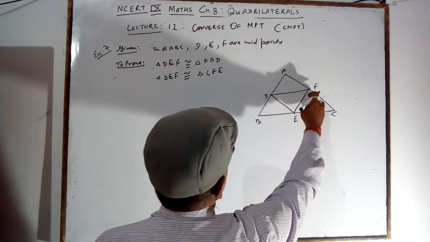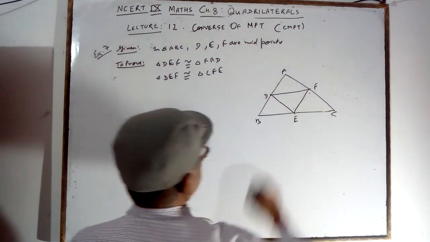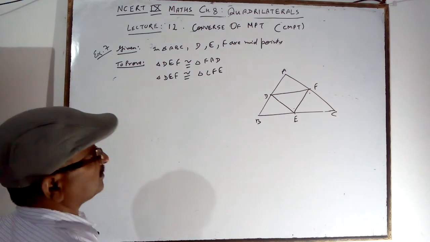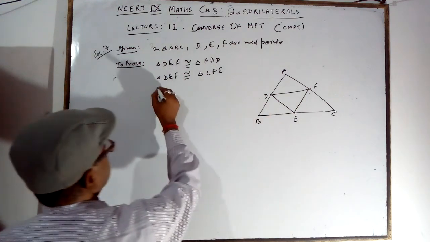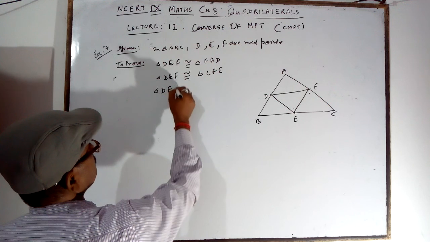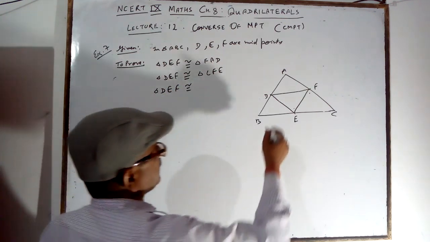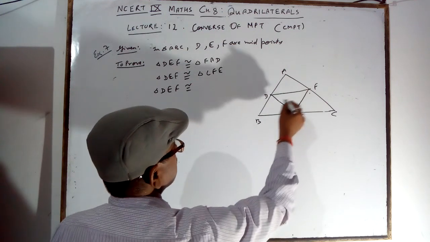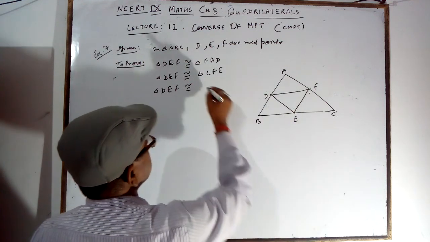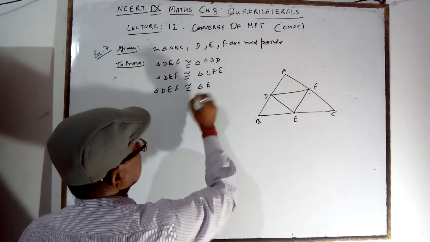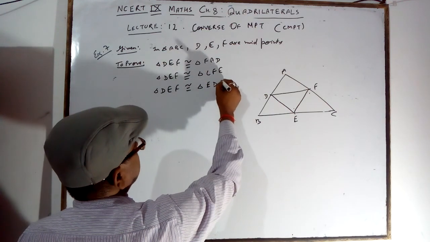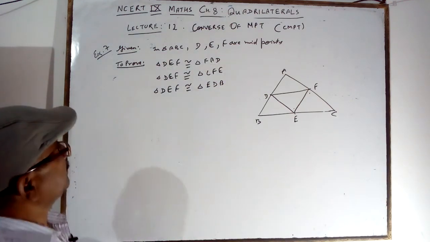Alternate and interior angles will be equal. Triangle DEF is also congruent to triangle EDB. Like this you will get.